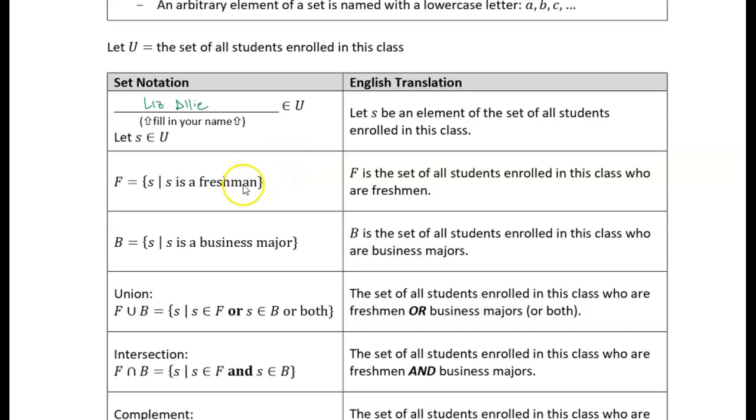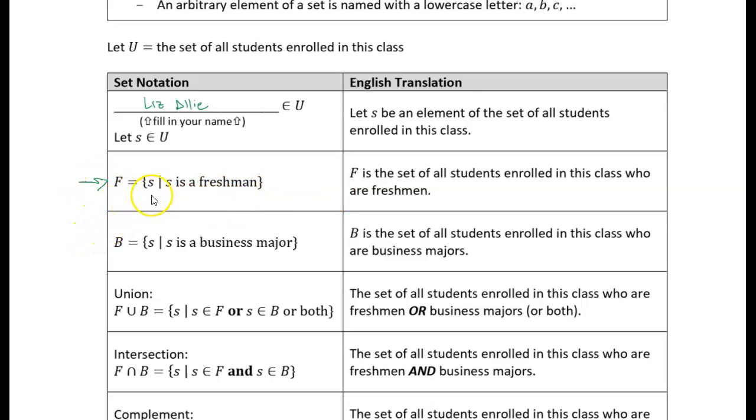Then we defined a set F. The set F that we defined in example 1 was a set of all freshmen in the class. So I said let F be the set of all students such that S, the student, is a freshman. What I want to do is teach you how to read this notation.